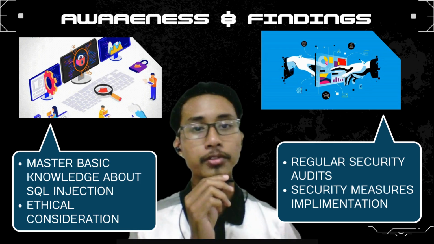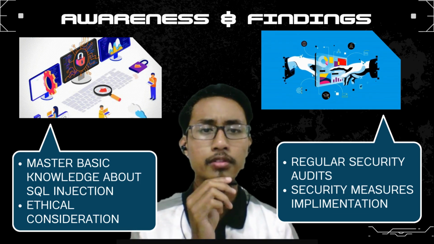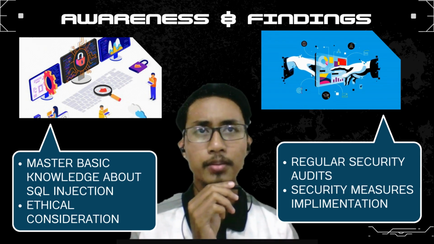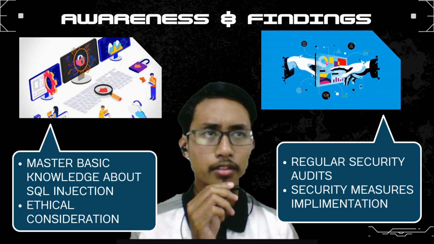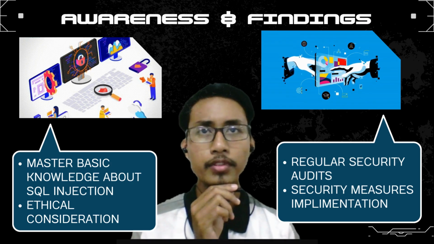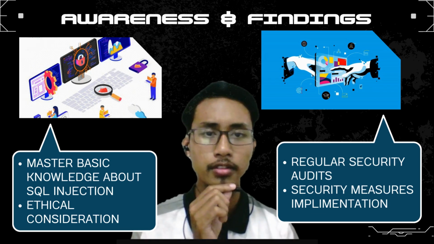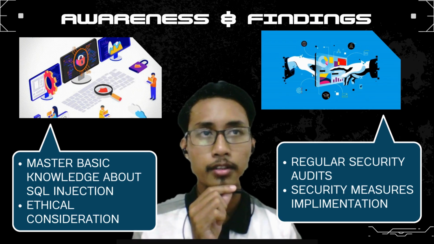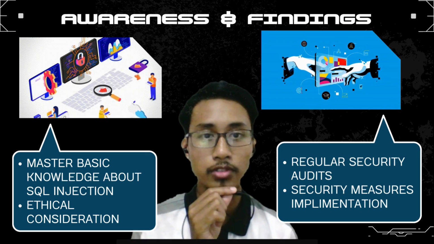Along the video, I think you guys will get a lot of things on your mind, right? Like how the hackers do the SQL injection attack for cracking the password, and how they can find the vulnerabilities on the website by using OWASP ZAP. So there are some awareness points and findings that I would like to share with you guys.